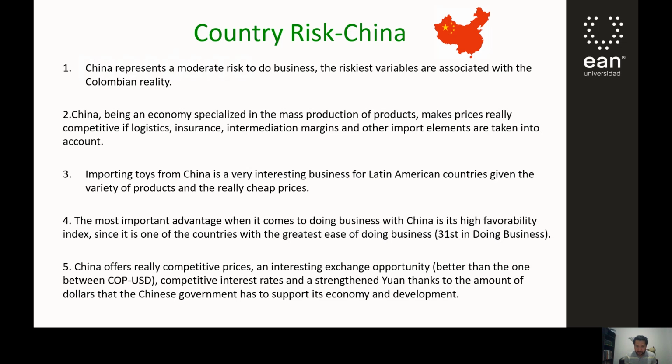Importing toys from China is a very interesting business for Latin American companies, like Toyslandia in this case, given the variety of products and the really cheap prices. The most important advantage when it comes to doing business with China is the high favorability index. In the world ranking, China is 31st, and this is a good position.